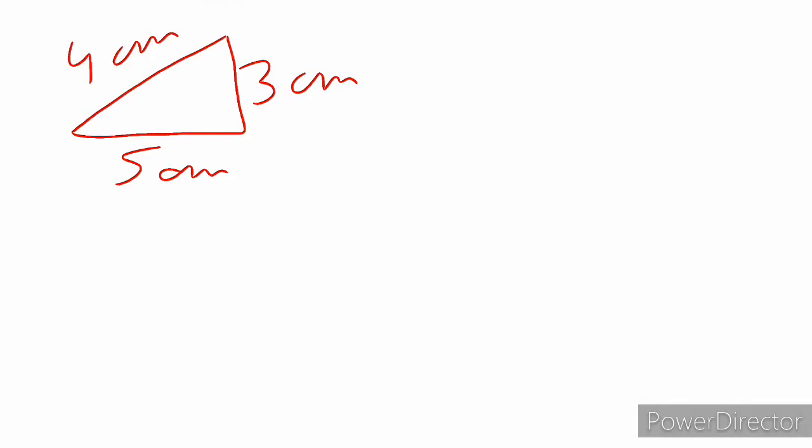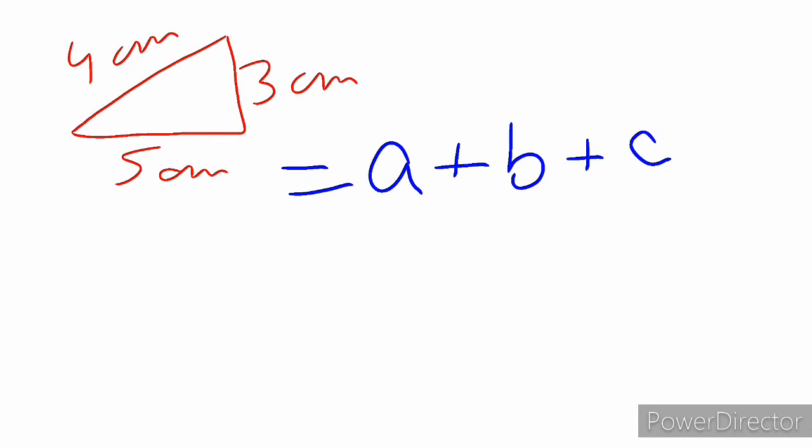So the formula to find out the perimeter of a triangle is A plus B plus C, where A is one side, B is one side and C is one side of the triangle. Let's fit the equations here.